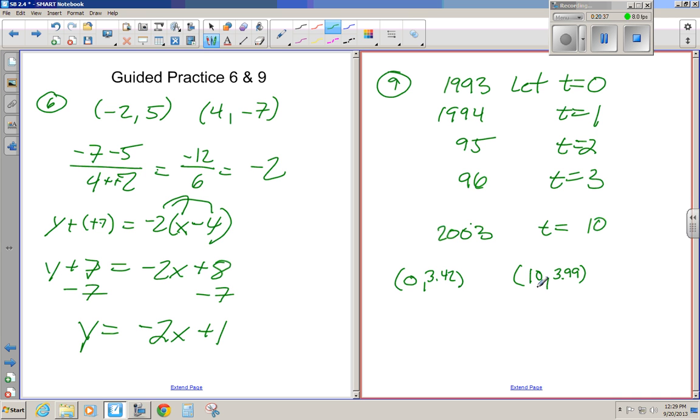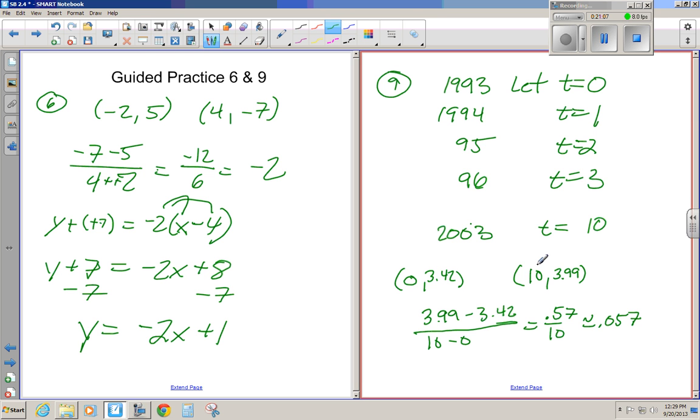Write the linear equation. All right, so if we work this out, that's 0.57 over 10. So that means our slope is 0.057.